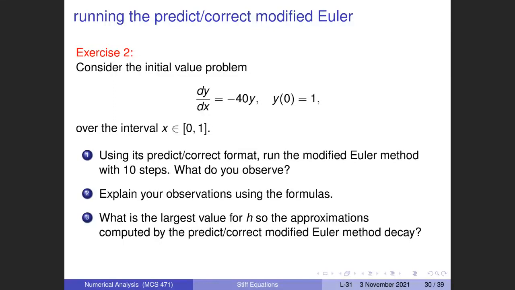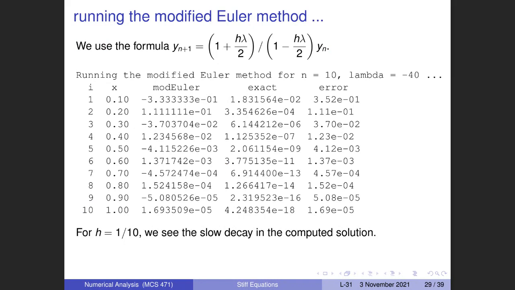I have to explain what is the purpose of this exercise now. The problem is that we run it in the predict-correct format. In the previous experiments, we were thinking of the explicit formula. So I probably should have emphasized this here.